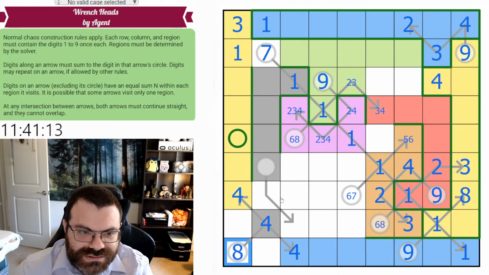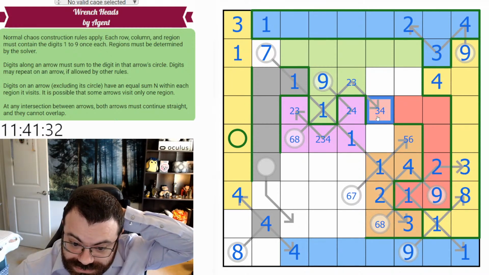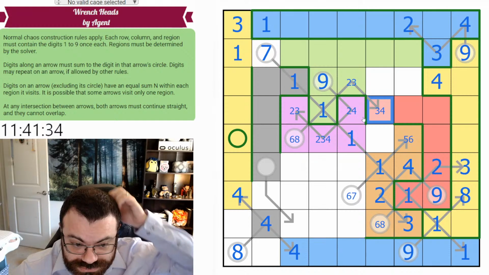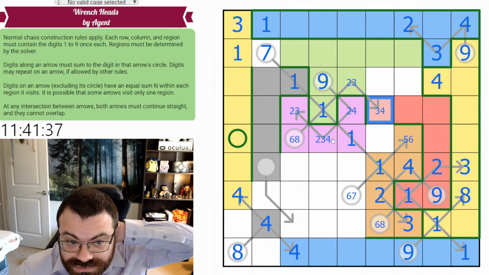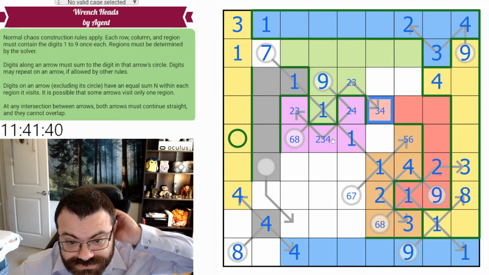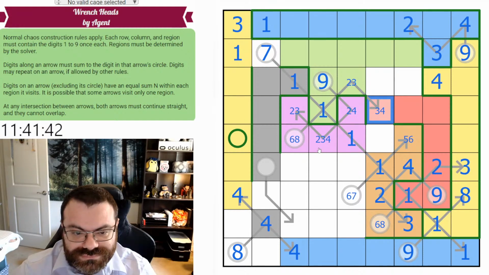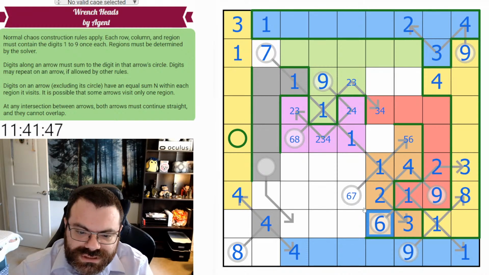This is obviously an 8. This can't be 4. This is a 6. So that's a 5 and that's a 6.